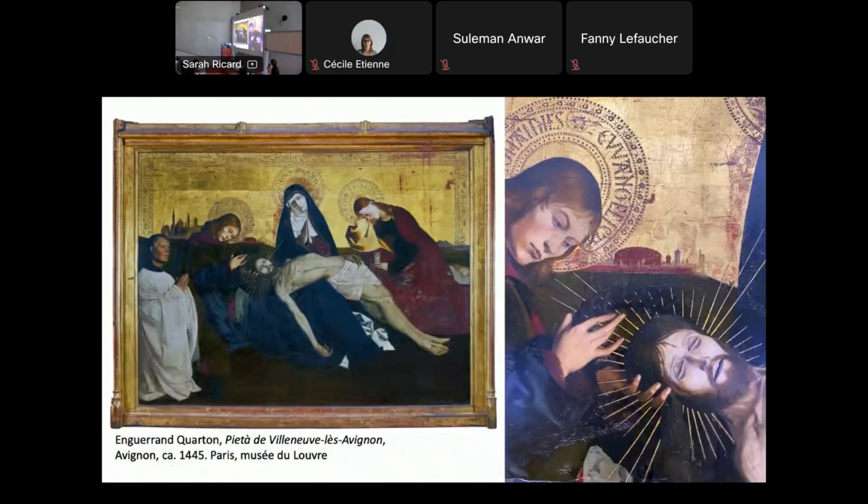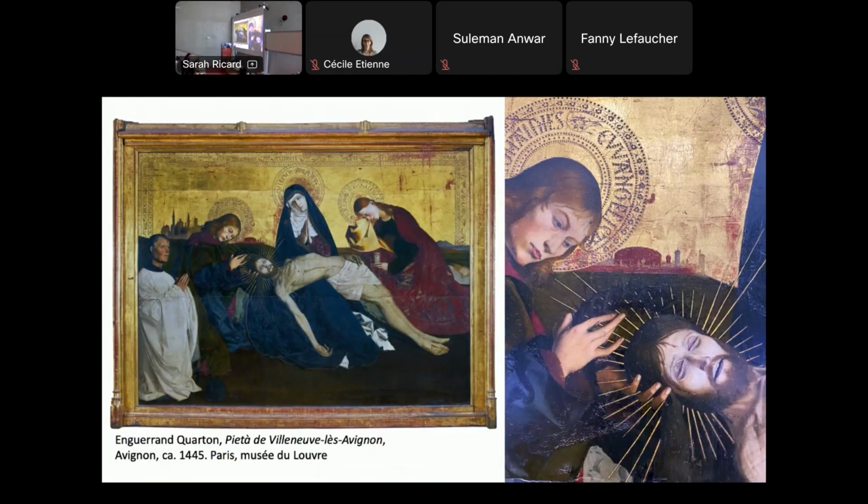So here are a few examples of combinations of these techniques that allow for a new approach to the way that these paintings had to be seen and the way that their gilded surfaces had to be appreciated. For instance, in this Pietà, you have a ground that is gilded in water gilding on red bole. Here you very much see the red bole.